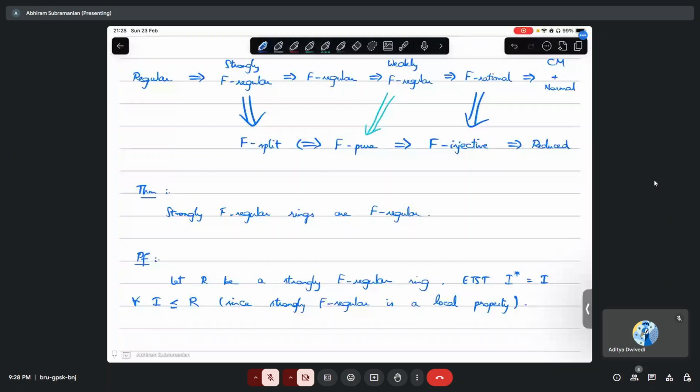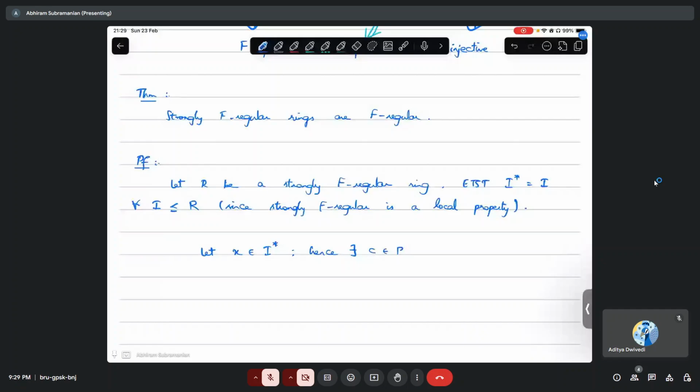Let x be in I star, hence there exists c in R naught such that c x^(p^e) belongs to I^[p^e] for all e large enough.